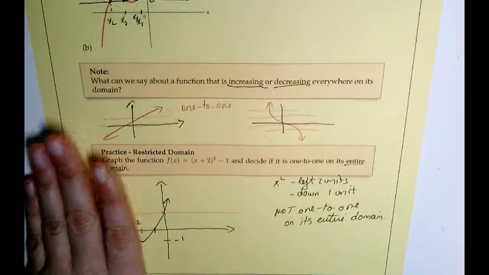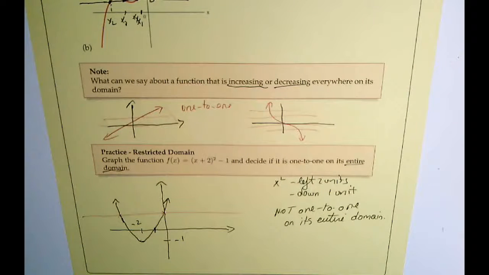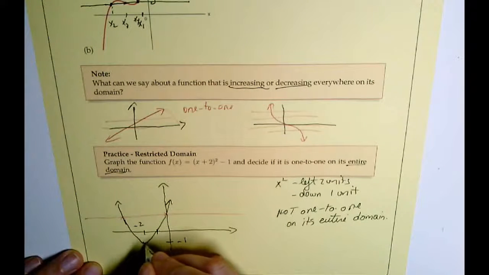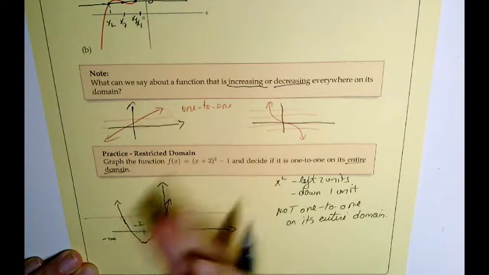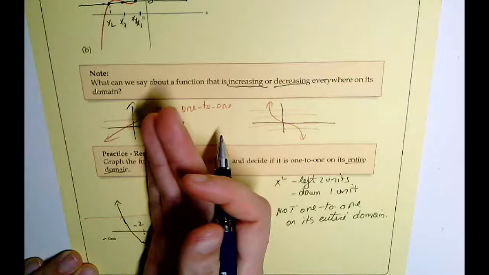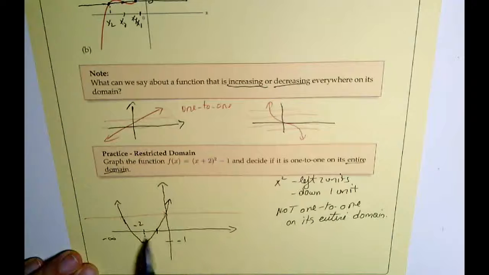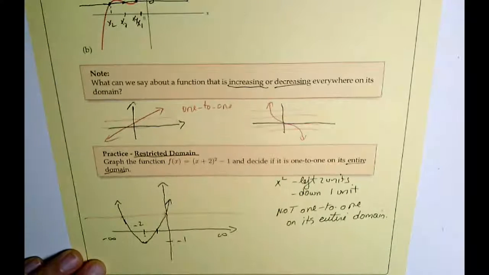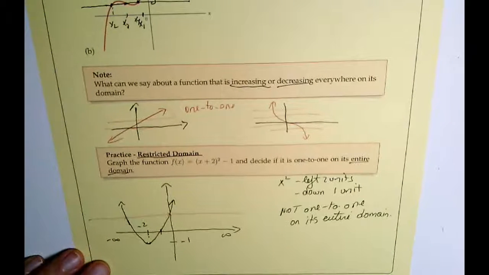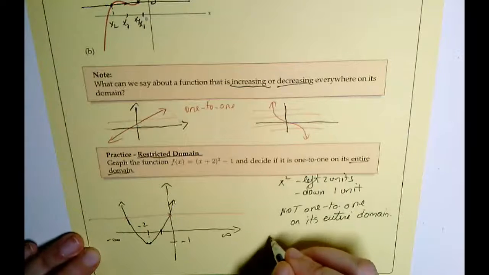Is it 1-to-1? Yes. So if I restrict the domain, what would I have to restrict it to? If I just look from negative infinity to -2, the function is 1-to-1. Or if I look from -2 to infinity, the function is also 1-to-1. So sometimes if we restrict the domain of a function f that is not 1-to-1, it becomes 1-to-1.